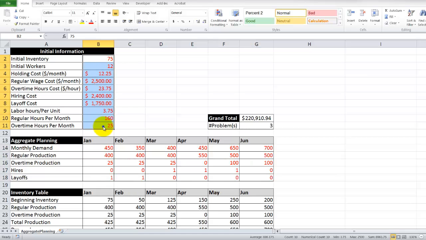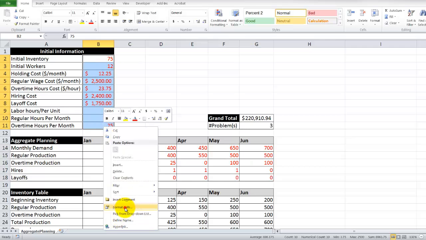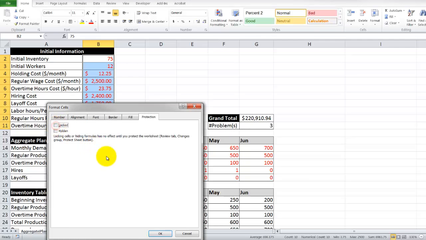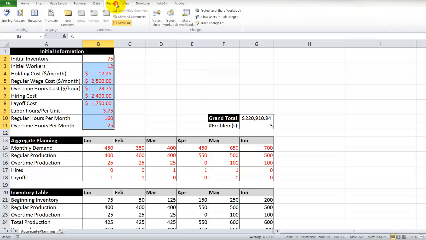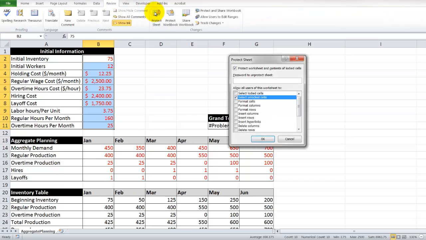I'm going to highlight, right-click, go to Format Cells, uncheck the locked. And now, if we go to Review and protect the sheet, this is going to say protect the worksheet and the contents of locked cells.